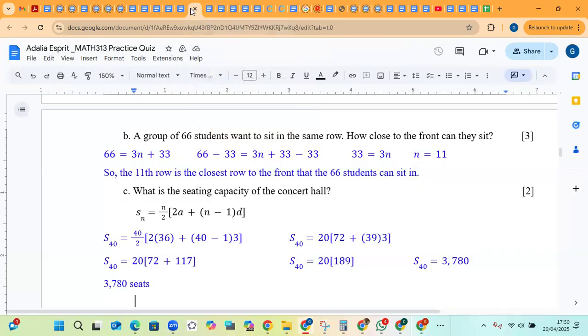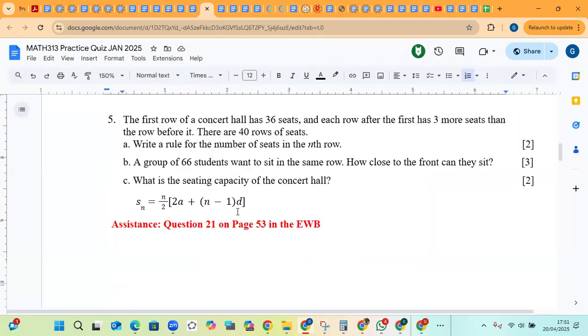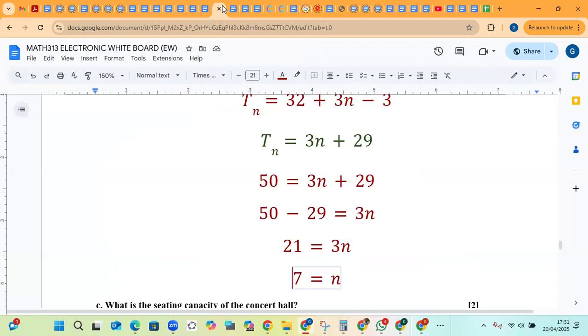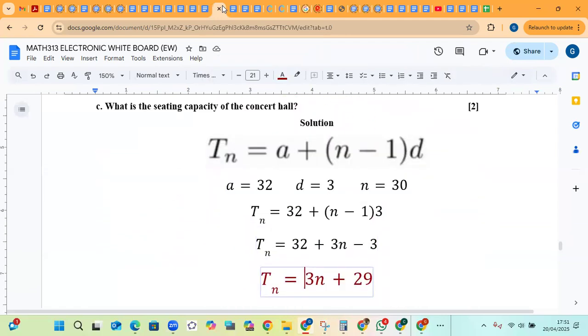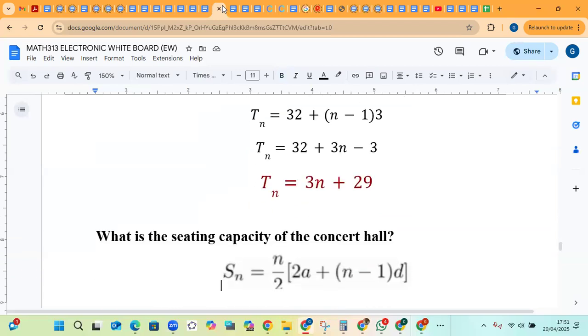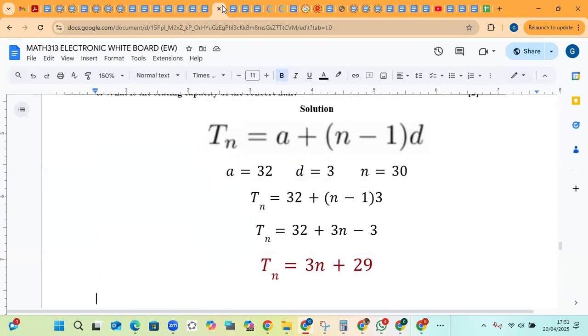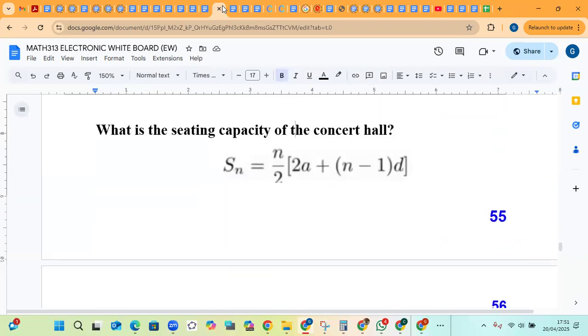Just to verify, let's go to the electronic whiteboard. We know we are going to page 53, question number 21. And here we are, the continuation, part C. Right, so that's just an explanation of part B. What is the seating capacity?